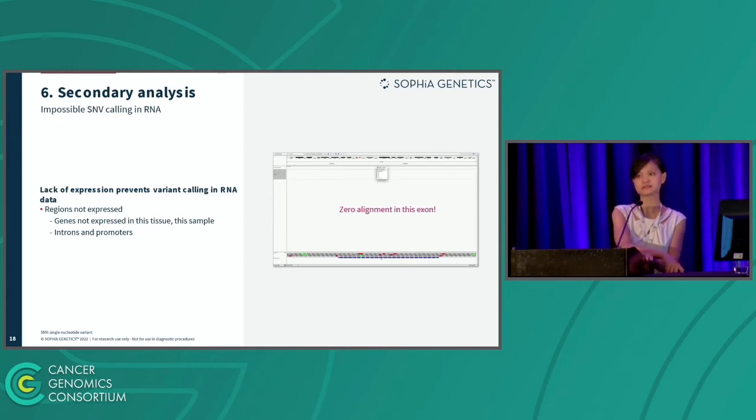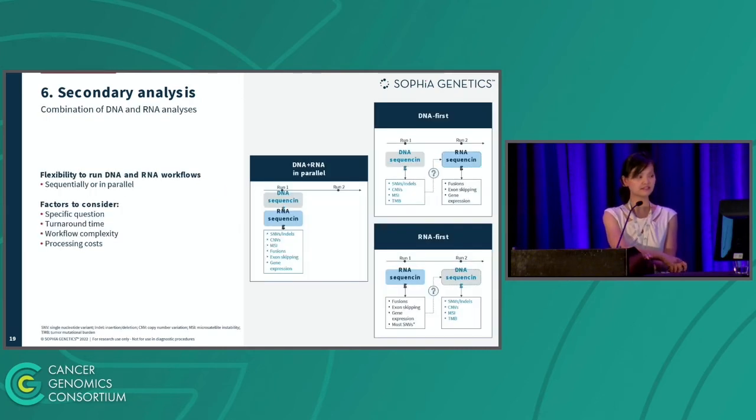There are cases where it's impossible to do SNP and indel calling in RNA, particularly if your region of interest is not actually expressed in your cancer type of interest or your tissue of interest. Additionally, if you're looking at SNPs or indels in intronic regions or in promoters, that's not possible with RNA. So in these cases, combining your RNA and DNA analyses may be the most appropriate approach.